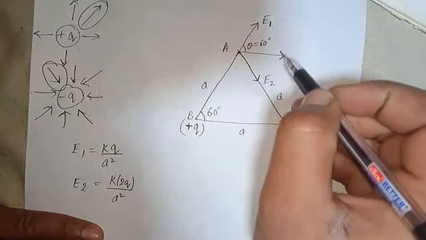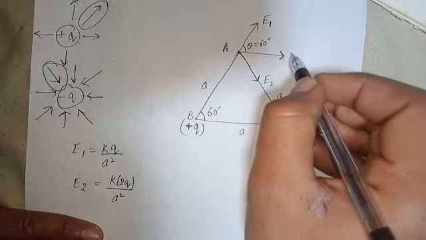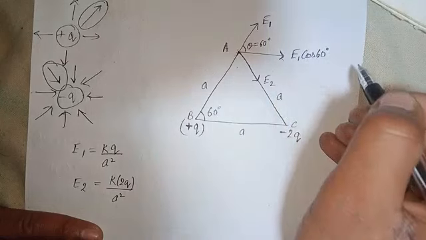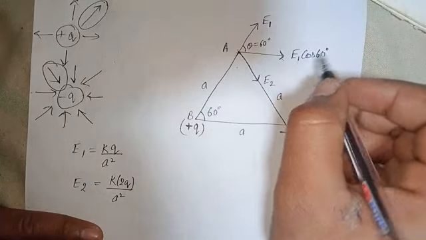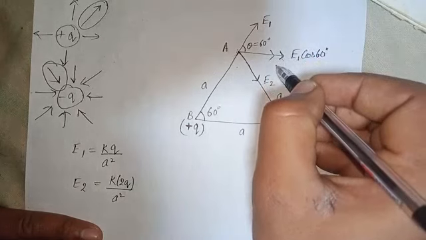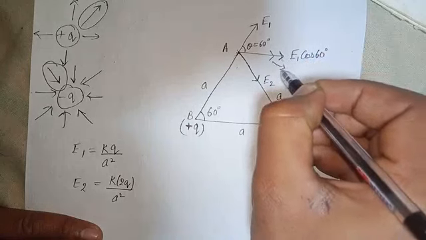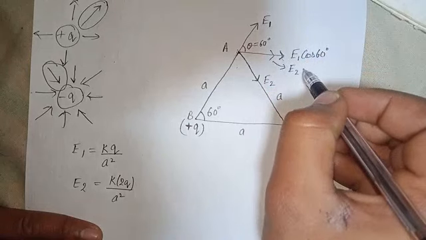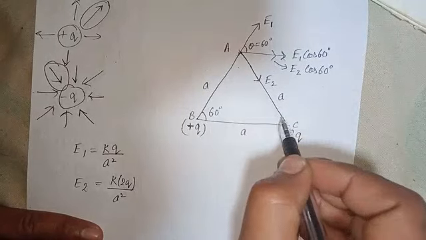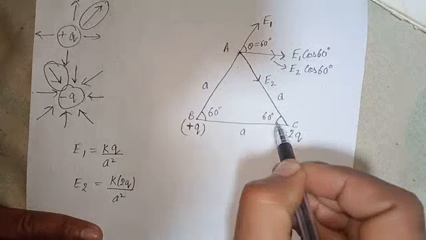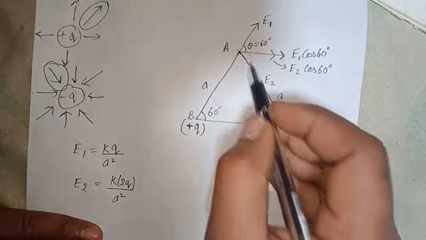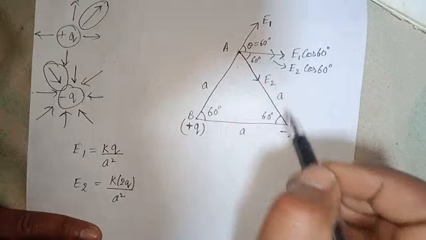The component of E1 in this direction will become E1 cos 60 degrees. And the component of E2 in this direction will become E2 cos 60 degrees, because it is also a 60 degree angle of an equilateral triangle, and if it is 60 degrees, then this will also be 60 degrees, because these are alternate angles.